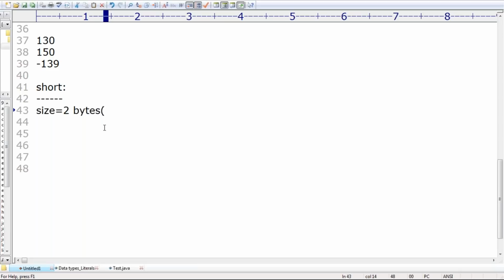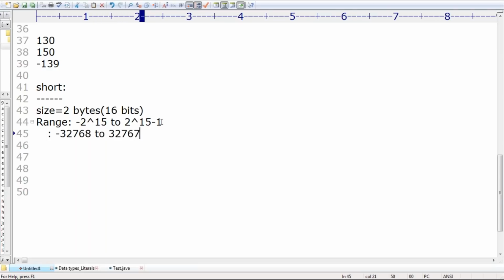What is the range? With 16 bits, the values we can represent by default are minus 2 power 15 to 2 power 15 minus 1. This value is nothing but minus 32,768 to 32,767.